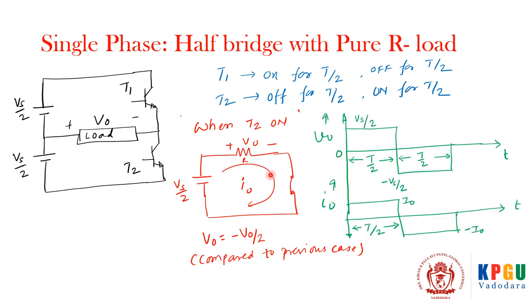So the full waveform: this is for the first half cycle when T1 was on, and this is for the remaining half cycle where T2 is on. And you can see the voltage and current both are now alternating. If the same switching pattern is continued, you get an alternating voltage as an output. So this is how we have received DC to AC conversion.